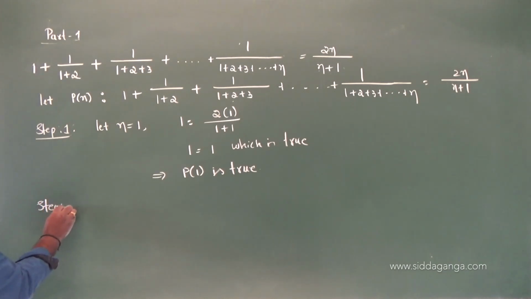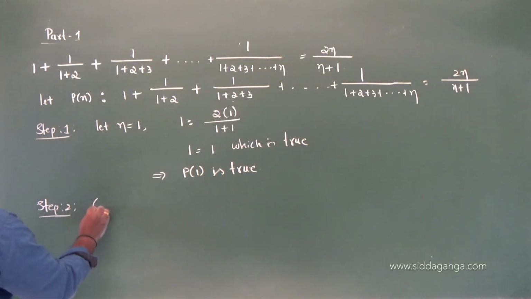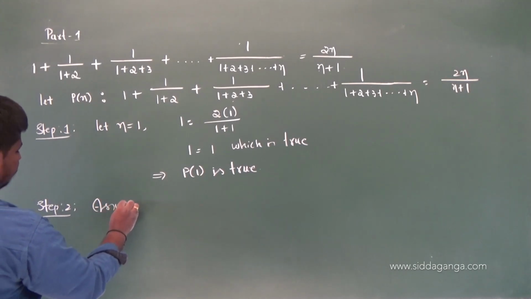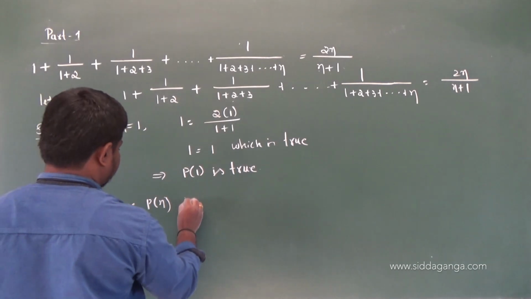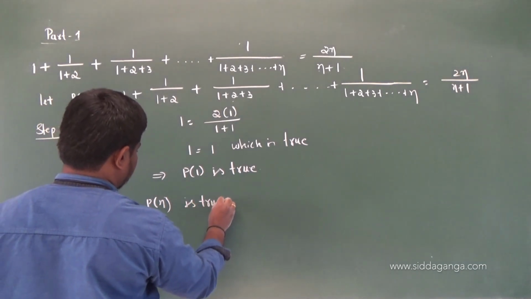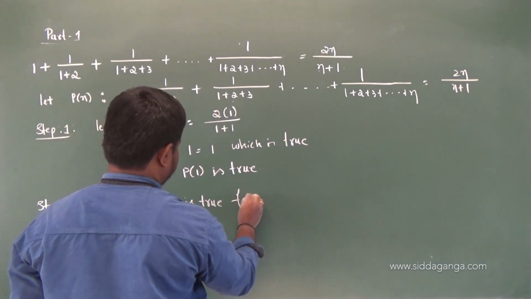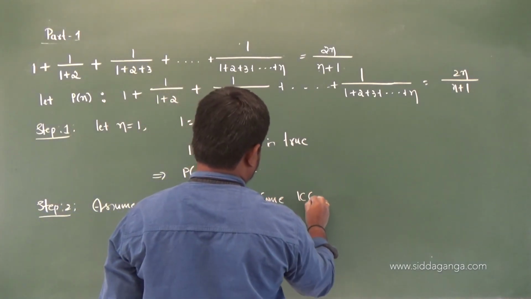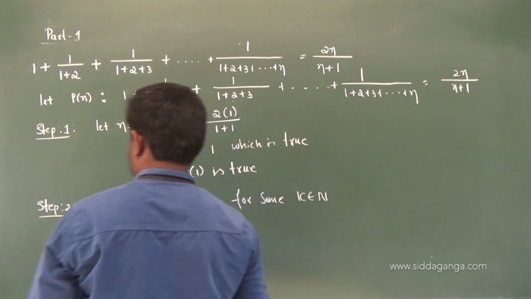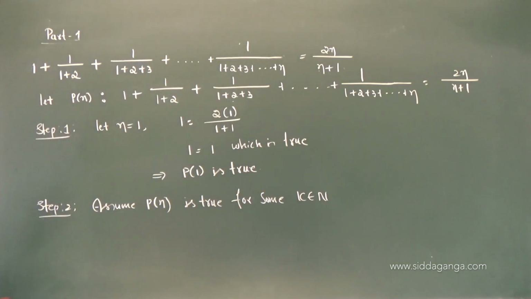Next step is what? Step 2. Assume P of n is true for some k natural numbers. I mean, you write P of k. What is P of k?